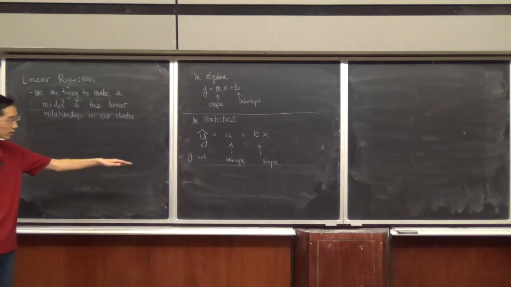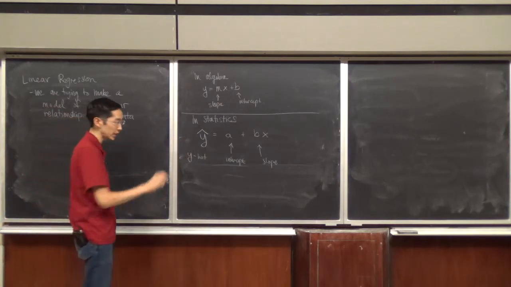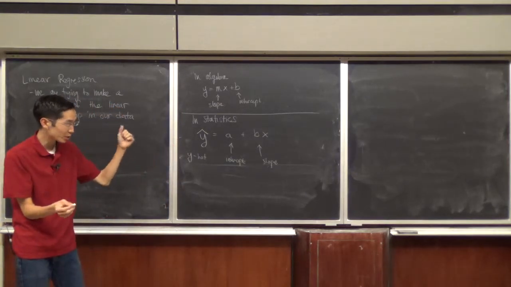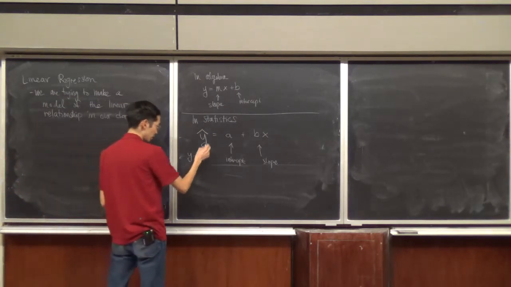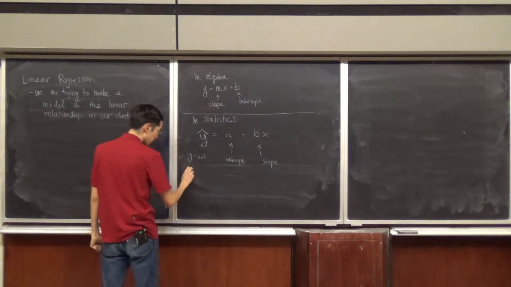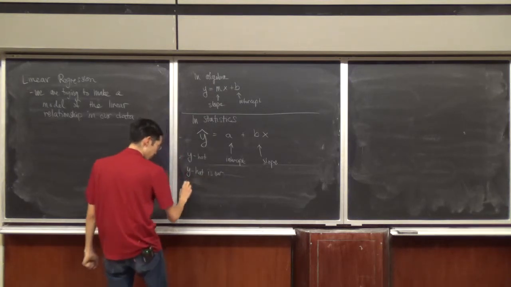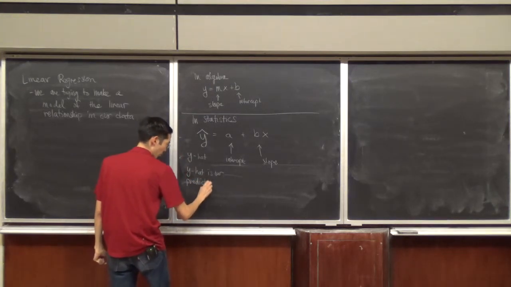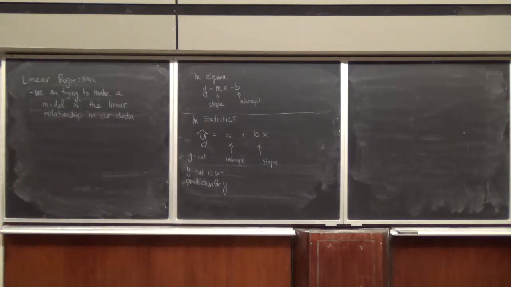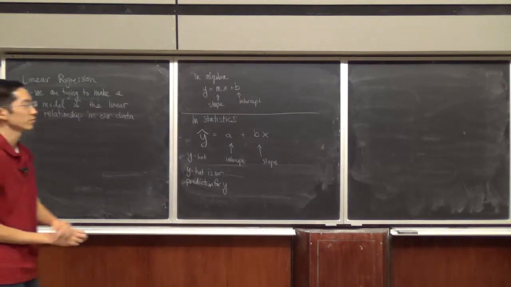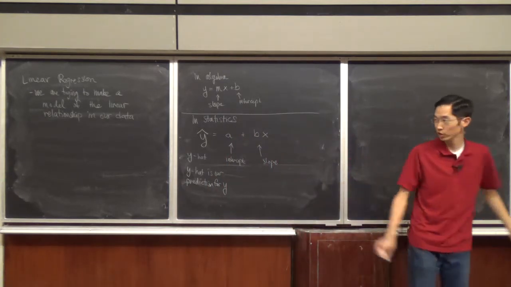Y hat is not y, it is our prediction for y. When you see a hat over something, it means it is our prediction or it's based on our data, not necessarily what happens in truth. Then we have the intercept and the slope, and this is how we are going to model linear relationships, with just a straight line.